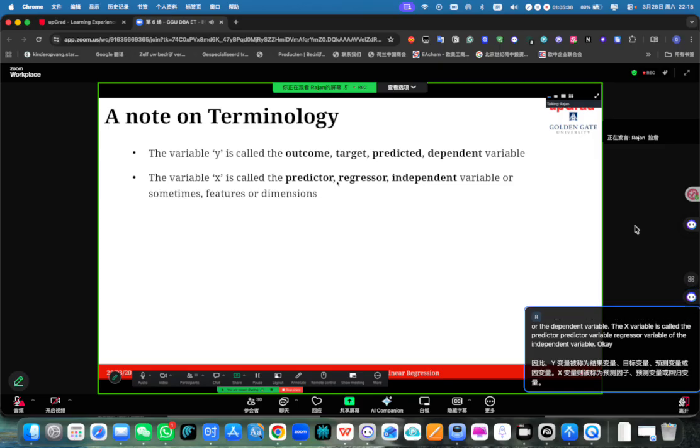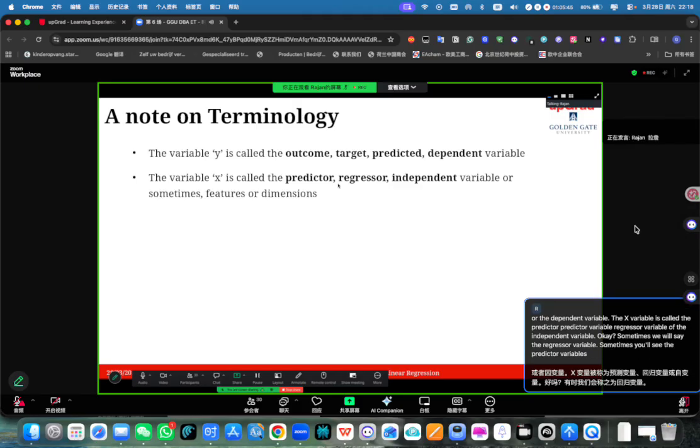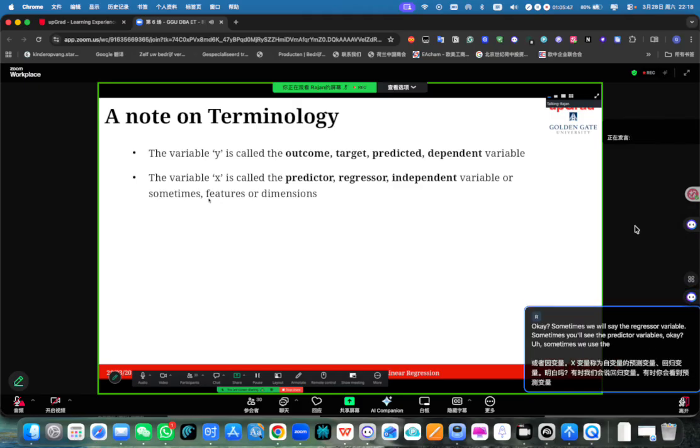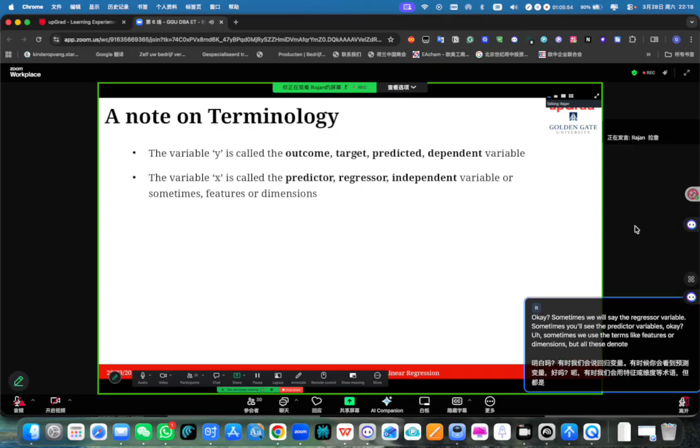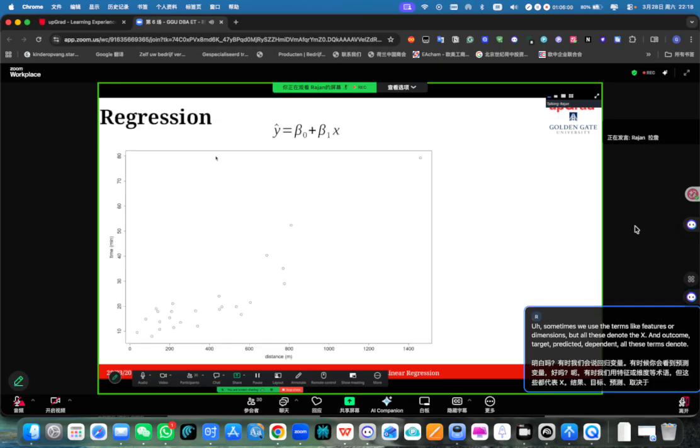Sometimes we say regressor variable, sometimes predictor variable. Sometimes we use terms like features or dimensions, but all these denote X, and outcome, target, predicted, dependent all denote Y.